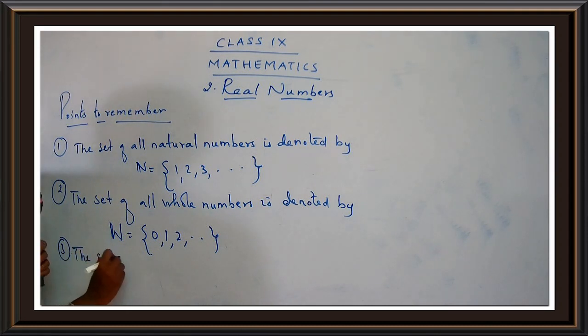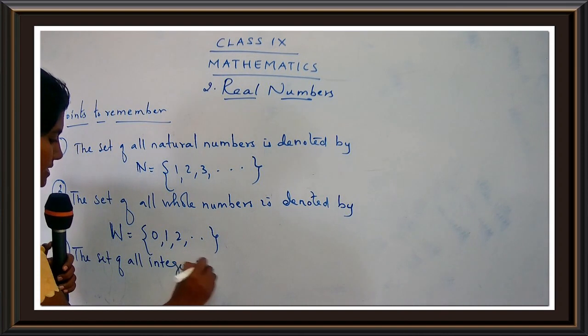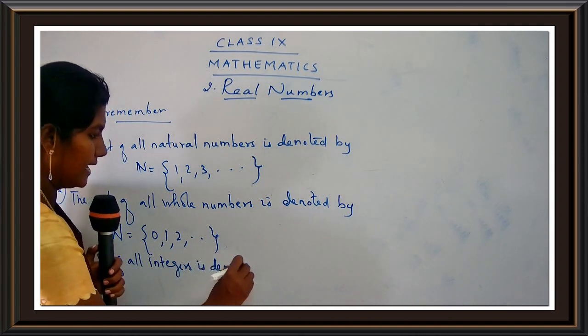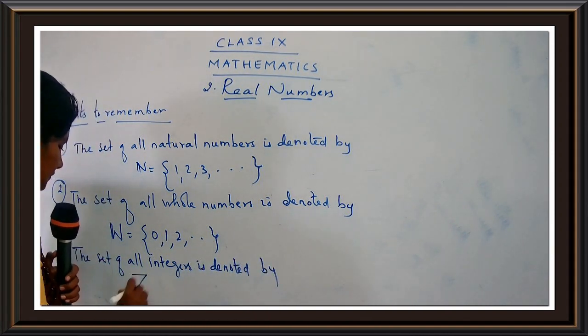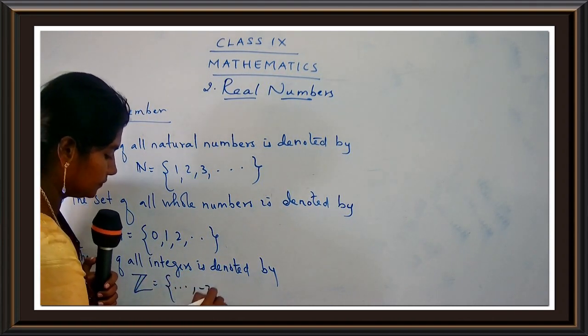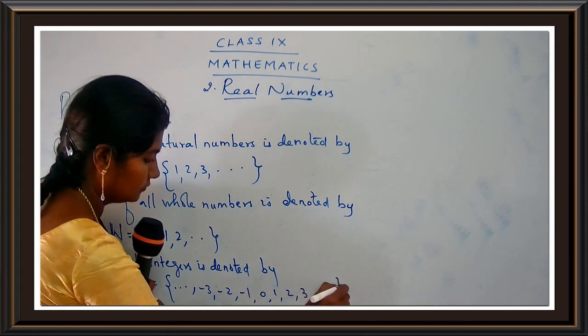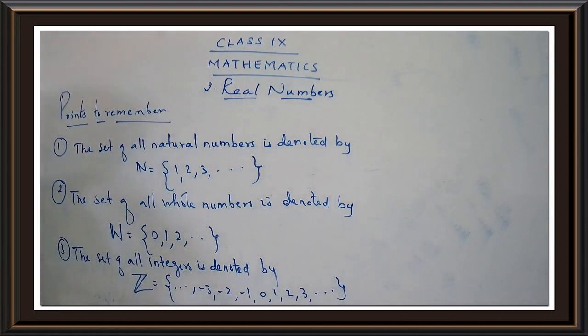Okay, let's take on the third point. The set of all integers is denoted by Z is equal to dot dot dot, minus 3, minus 2, minus 1, 0, 1, 2, 3.